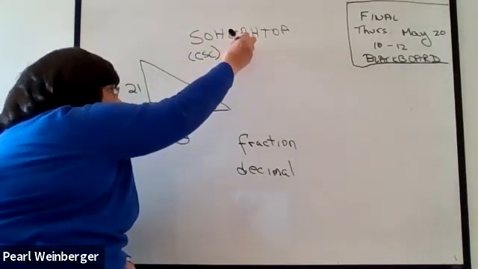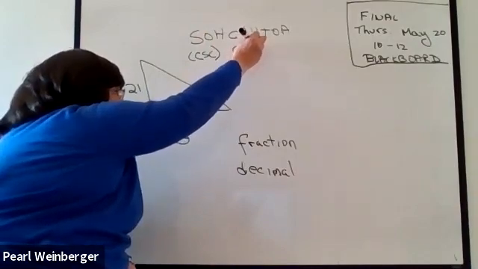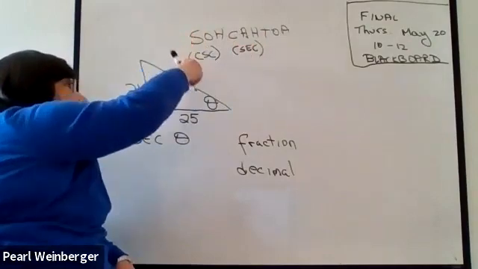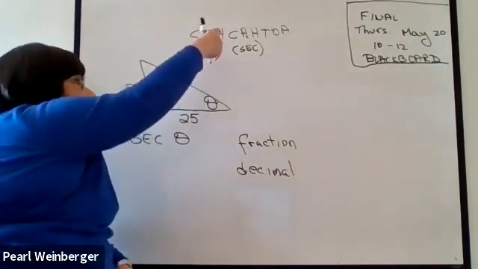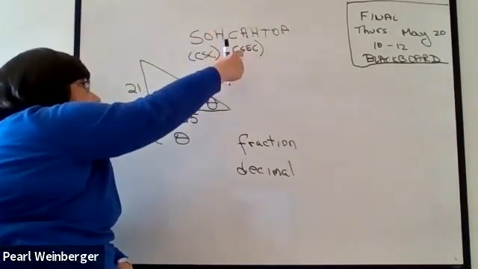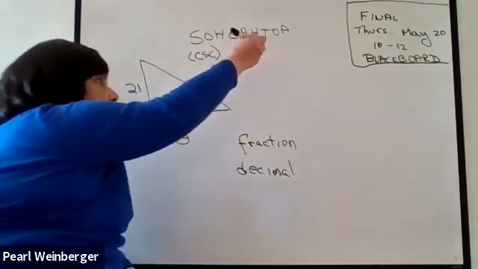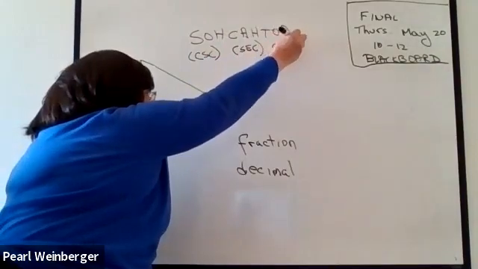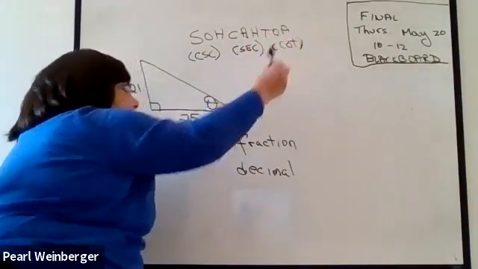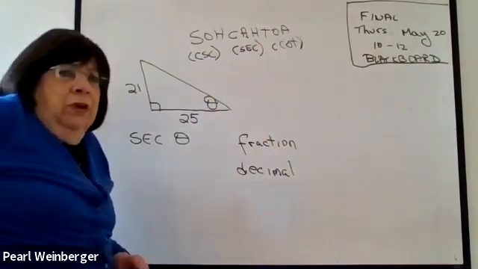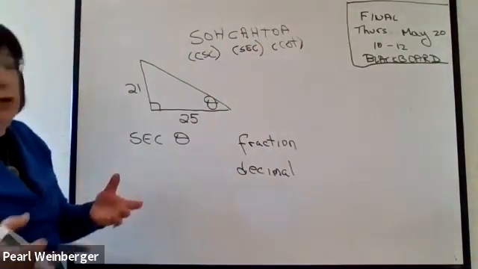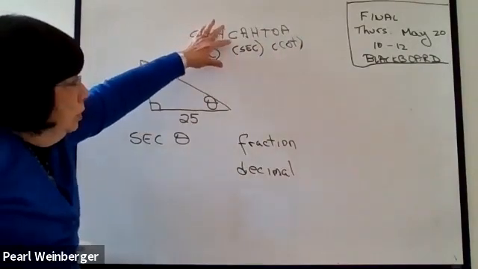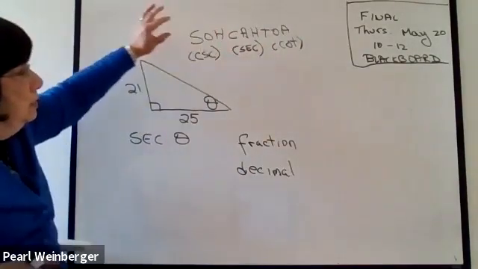The secant is the reciprocal of the cosine. Notice this starts with S, so its partner starts with C. This starts with C, so its partner has to start with S. And the reciprocal of the tangent is the cotangent, which is really easy to remember. Tangent, cotangent, they seem to go together. But sine pairs with cosecant, cosine pairs with secant.